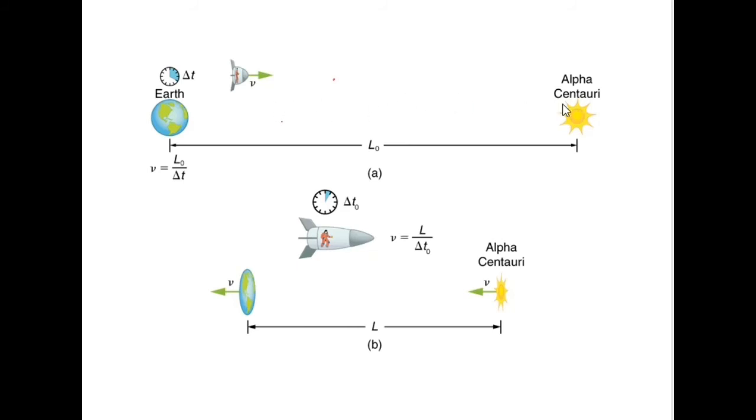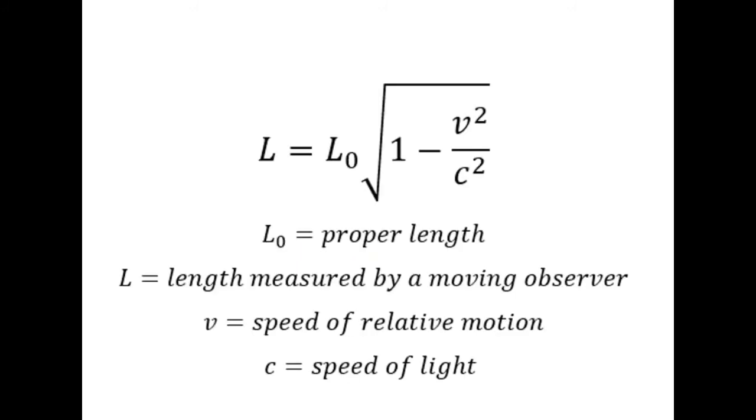You can see that the length measured here is shorter than the proper length. But if it has a height dimension, the height will be the same. Only the horizontal changes. That is the meaning of length contraction.